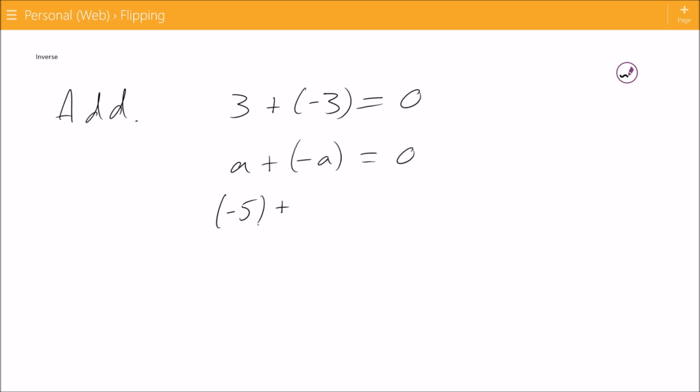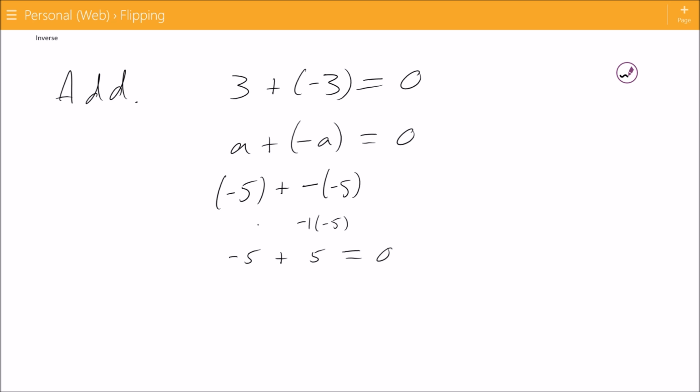So we have negative 5 plus the opposite of negative 5. And the opposite of negative 5 is actually the same thing as negative 1 times negative 5, which is just 5. So we'd have negative 5 plus 5, and again, hey, there we go. That is 0.